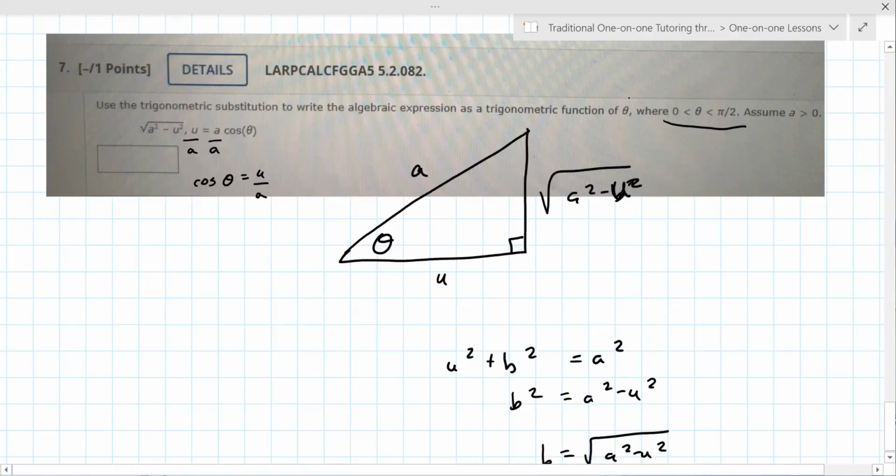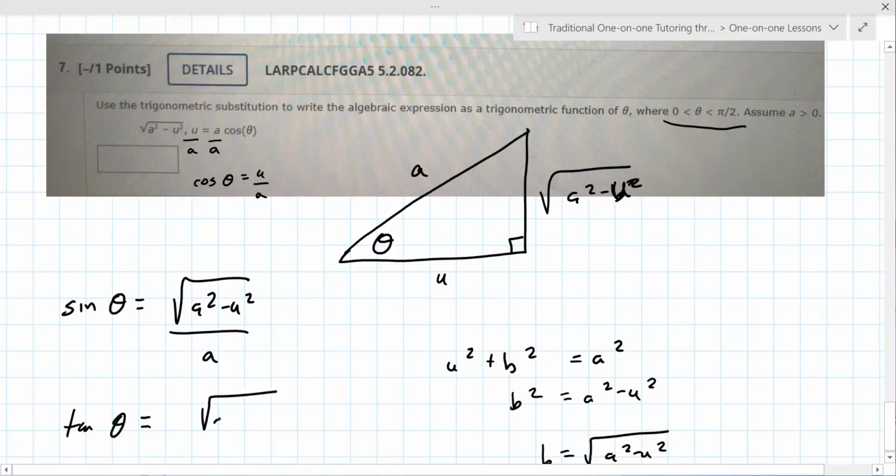Our options are, I don't really know how to answer this because I'm not sure what it wants, but sine theta is the square root of a squared minus u squared over a. I don't think they want that. Tangent of theta is the square root of a squared minus u squared over u. I kind of think they want that, but I'm not sure.